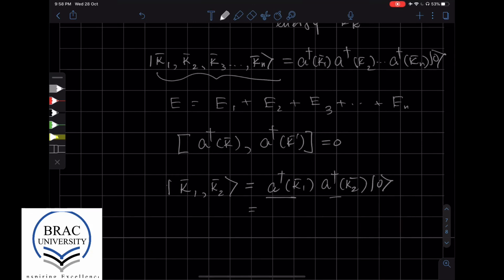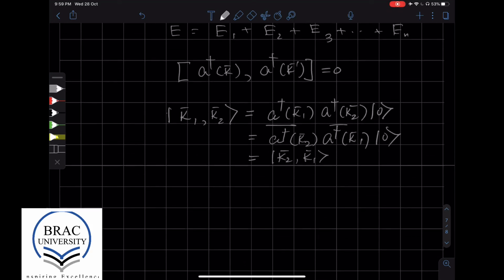Since these commute, I can also write this as a dagger of k2 times a dagger of k1 acting on the vacuum state, and therefore this is equal to |k2, k1>. So this state and this state are the same state, and they are symmetric under the exchange of particles 1 and 2.